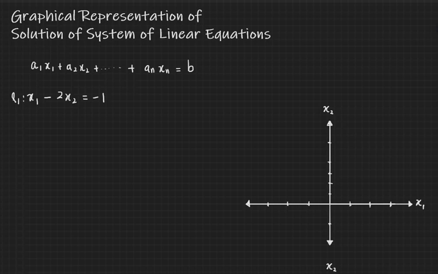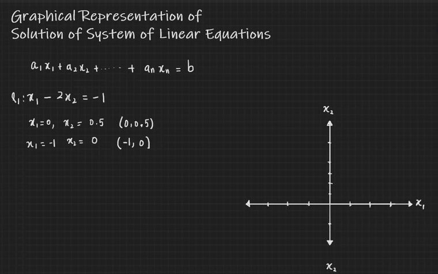in order to get at least 2 points, let's assume that x1 is equal to 0. Then the value of x2 will be equal to 0.5. And if I assume x2 is equal to 0, then the value of x1 is equal to minus 1. Hence, one of the points on this straight line should be 0, 0.5, and the other point is minus 1, 0.